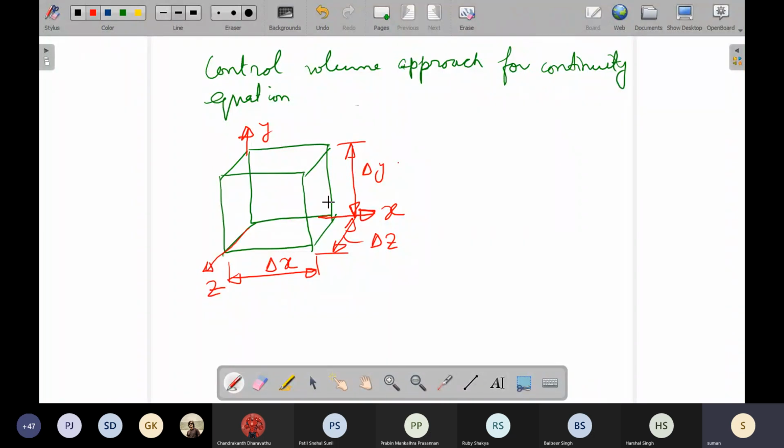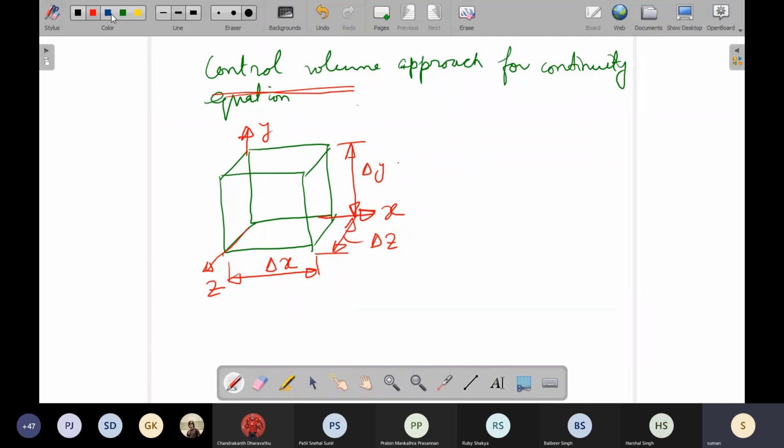But conceptually, a fluid element is Lagrangian and a control volume is Eulerian. If we say fluid element, it is an identified lump of fluid. If we say it is a control volume, this is not a fluid; this is a region across which fluid is flowing. So the drawing will be the same. That is why I have put up the control volume approach.